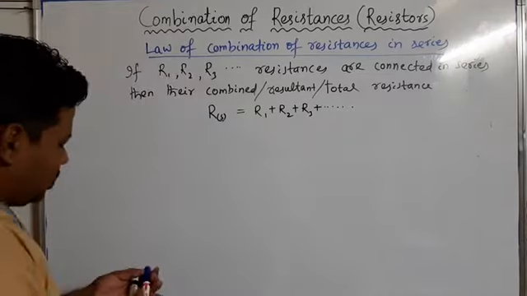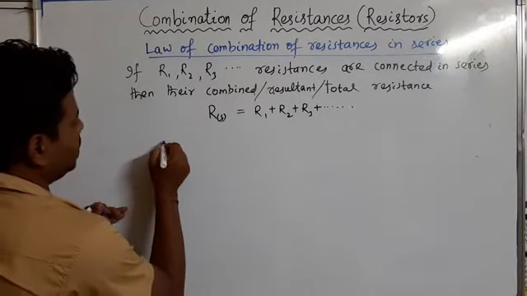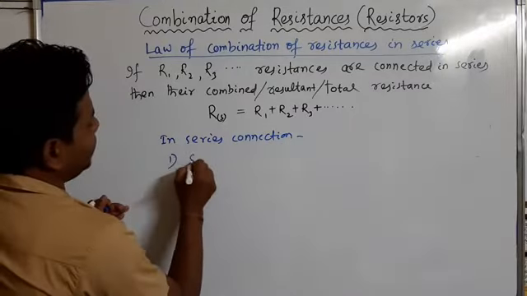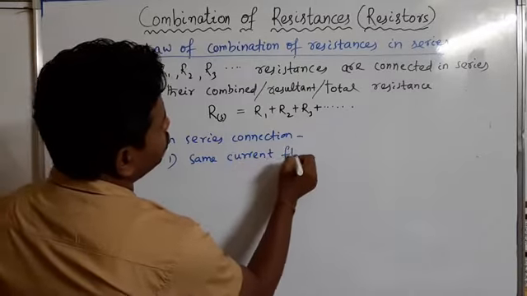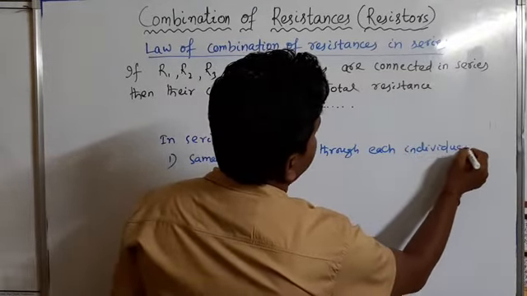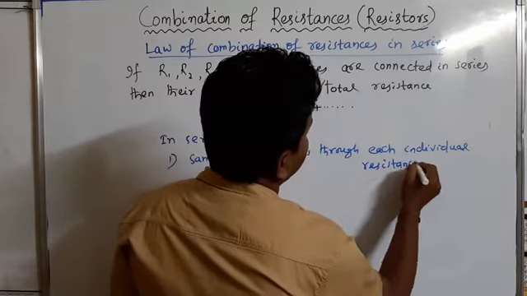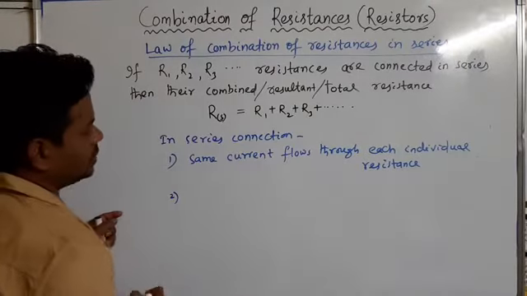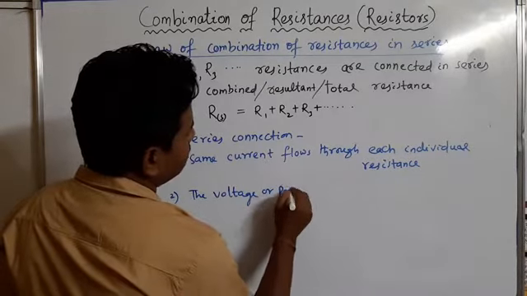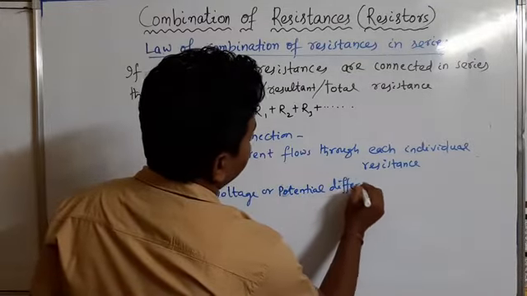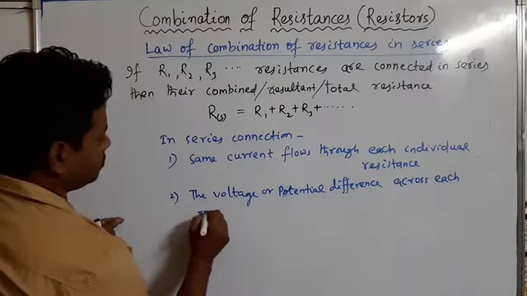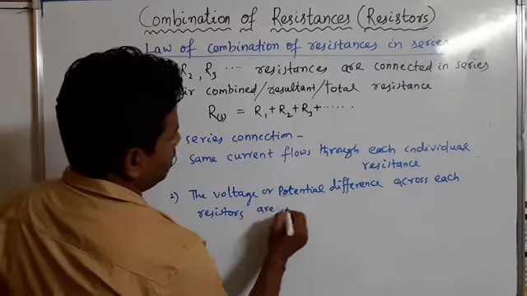In a series connection, students, there are two things you have to remember. One, in series connection, the same current flows through each individual resistance, but the second point is that the voltage or potential difference across each resistor is different.